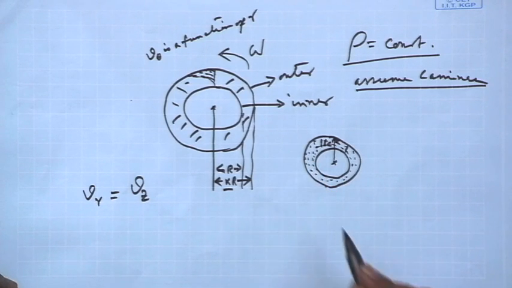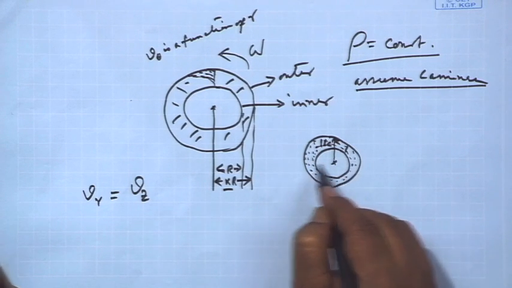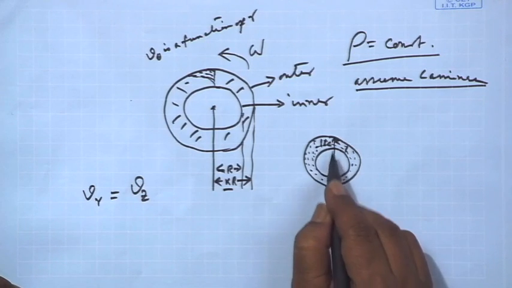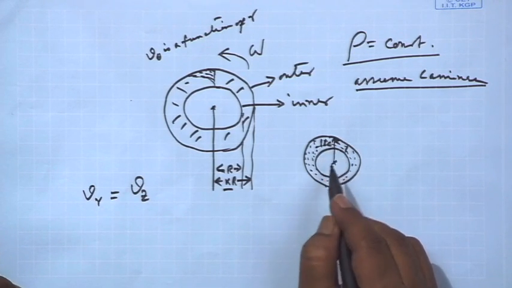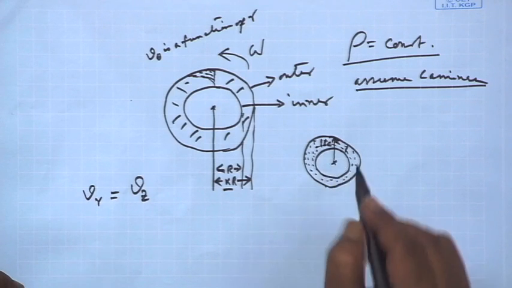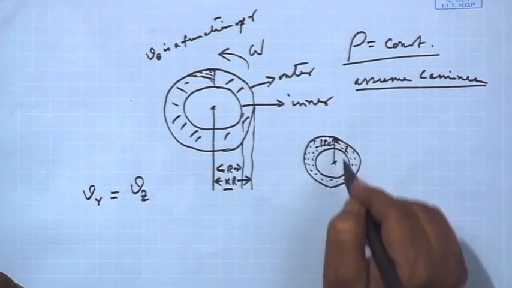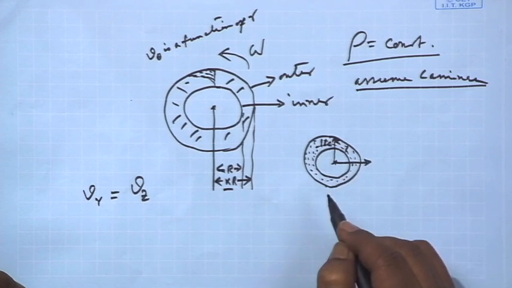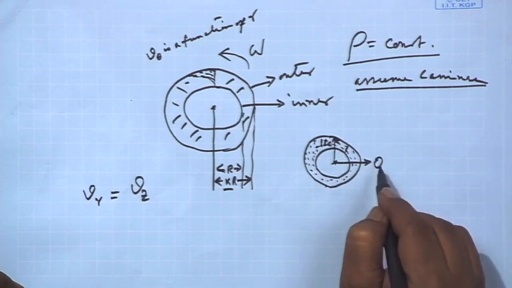So these streamlines exist since there is no r component. Similarly, if this is r, the other one is theta and the third one is z.